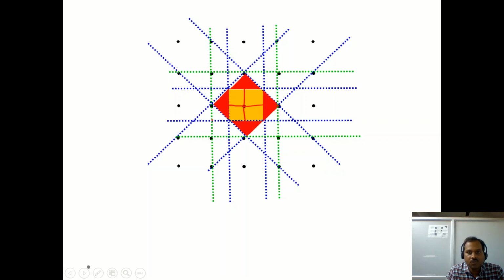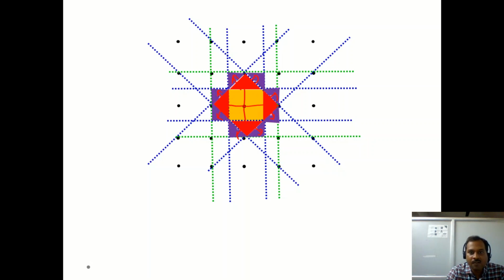This red colored region corresponds to the second Brillouin zone. Similarly, to construct the third Brillouin zone, the rule is that we can cross two Bragg planes. We have already crossed one, so now we can enter into this region, this region, this one, similarly this one and this one.